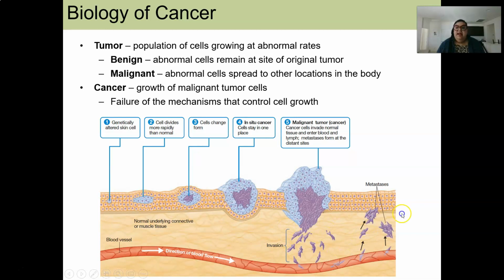And those cells can then start growing uncontrollably in other places. So that's the difference between a benign tumor, where it just stays where it was, and a malignant or cancerous tumor, where it invades other places and metastasizes.